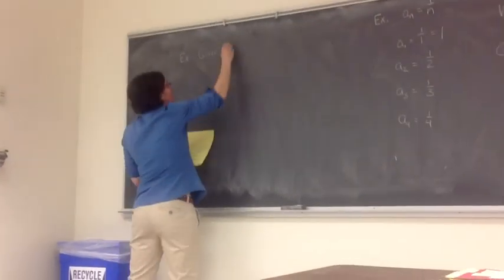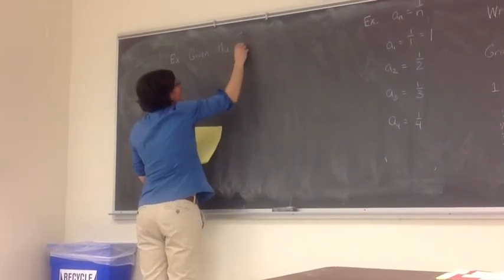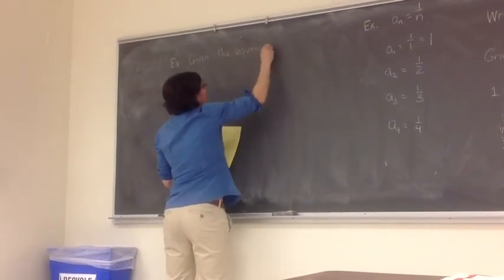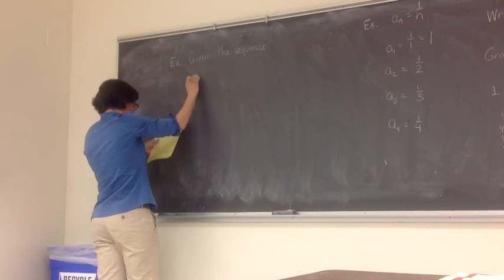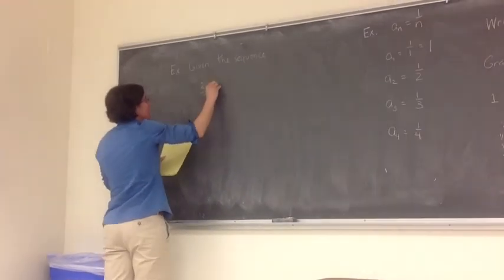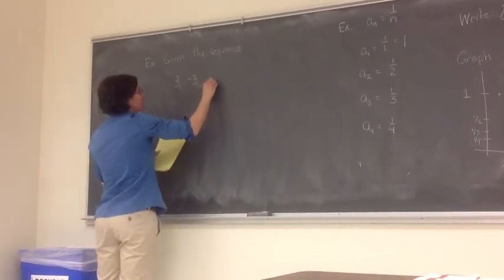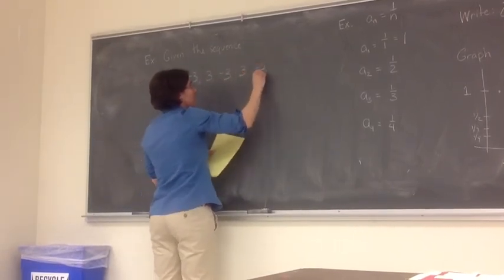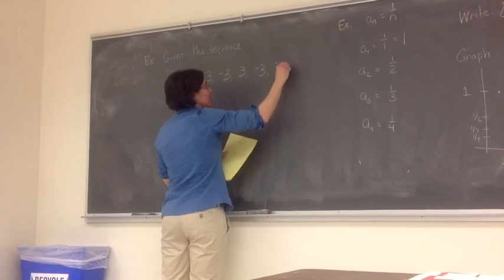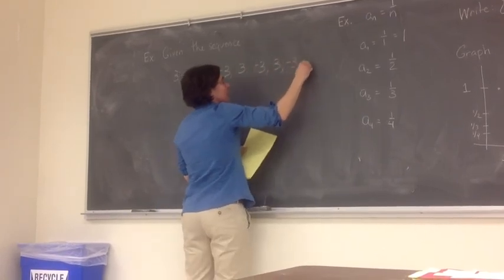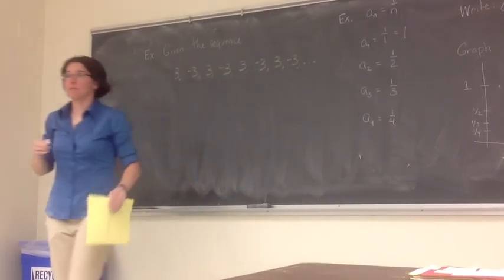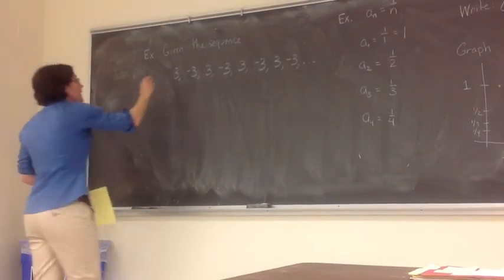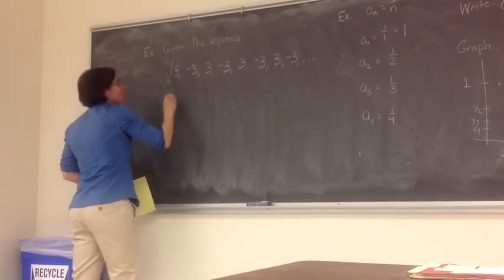So let's say that we are given the sequence. Let's see, I'm going to start with 3, negative 3, positive 3, negative 3, positive 3, negative 3, positive 3, negative 3, and hopefully you get the pattern by now. And so this is our sequence.